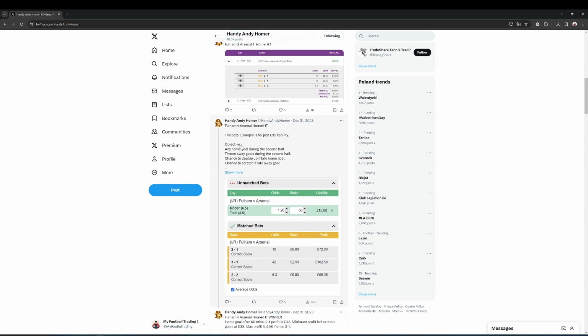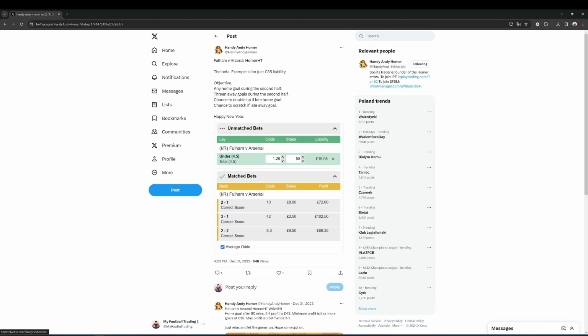If you scroll down, he is repeating the objectives here. So again, any home goal during the second half, and that's it. 3 away goals during the second half. And also you have a chance to double up if there is a late home goal, and there is a chance to scratch if there is a late away goal. Okay? So very nice.